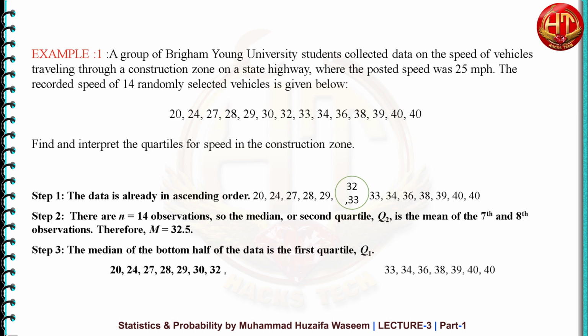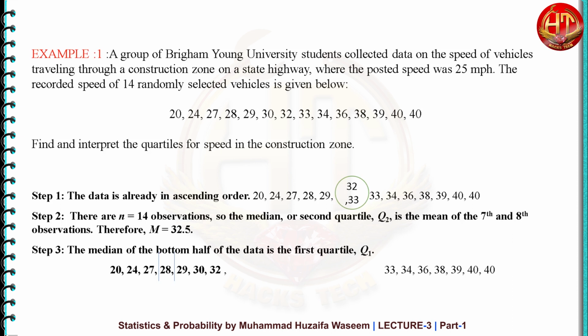For the first quartile you have to select 7 values and divide the data into two equal parts. 3 observations are on the left hand side, 3 observations are on the right hand side. So 28 is your first quartile.